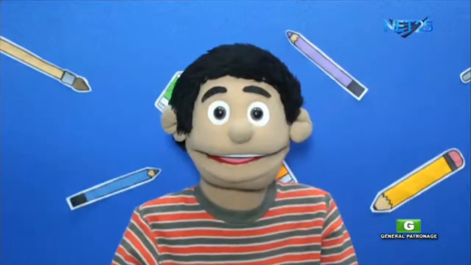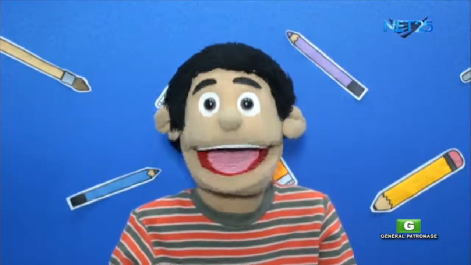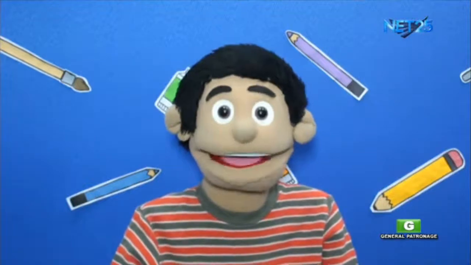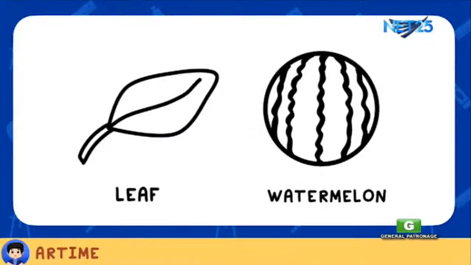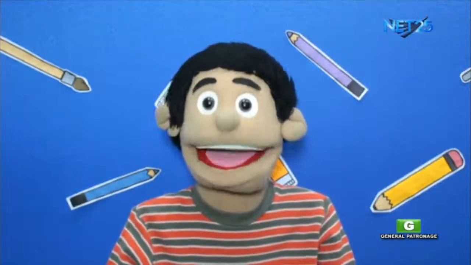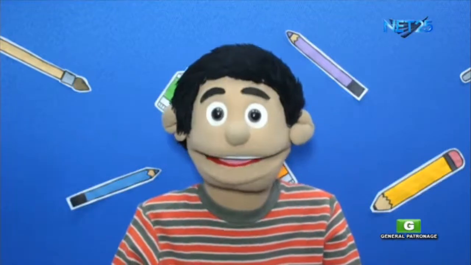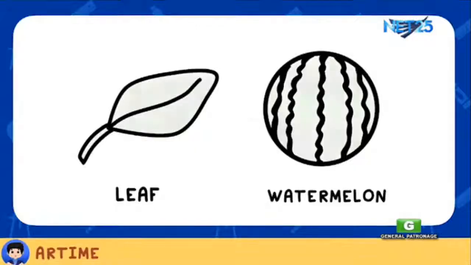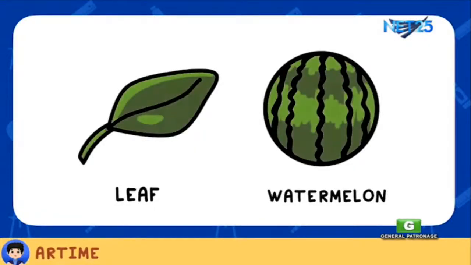Amazing! I have another set of objects here. Let's name them. A leaf and a watermelon. What is the usual color of a leaf and the outside of a watermelon? Yes, color green. The leaf and the outside of the watermelon are usually green.